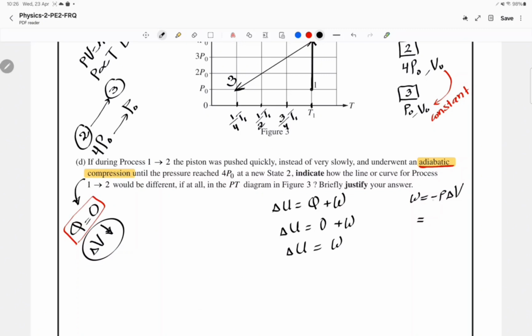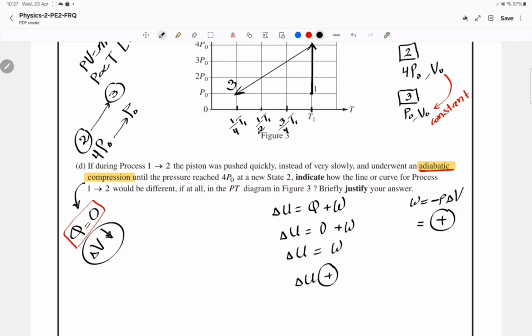So negative on the outside with negative on the inside gives you a positive work. So since delta U is equal to work, delta U will also be a positive number.